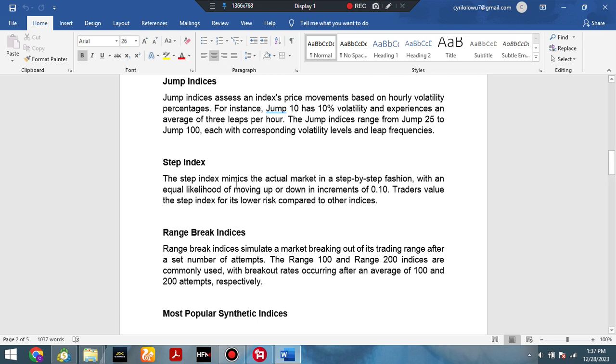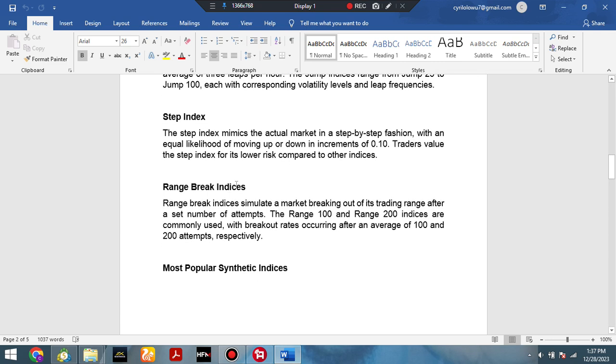Then step index. The step index mimics the actual market in a step-by-step fashion with an equal likelihood of moving up or down in increments of 0.10.